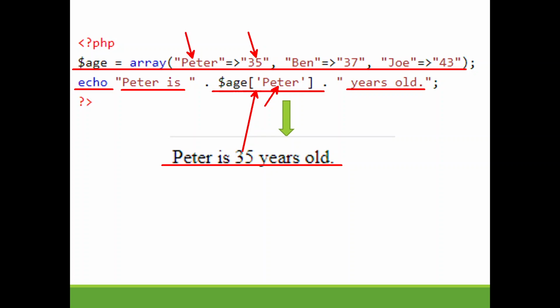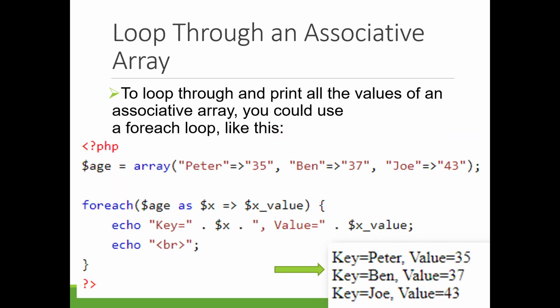So this is no longer position 0, 1, and 2. No. It is Peter, Ben, and Joe. So that is the main difference between an associative array and an indexed array.